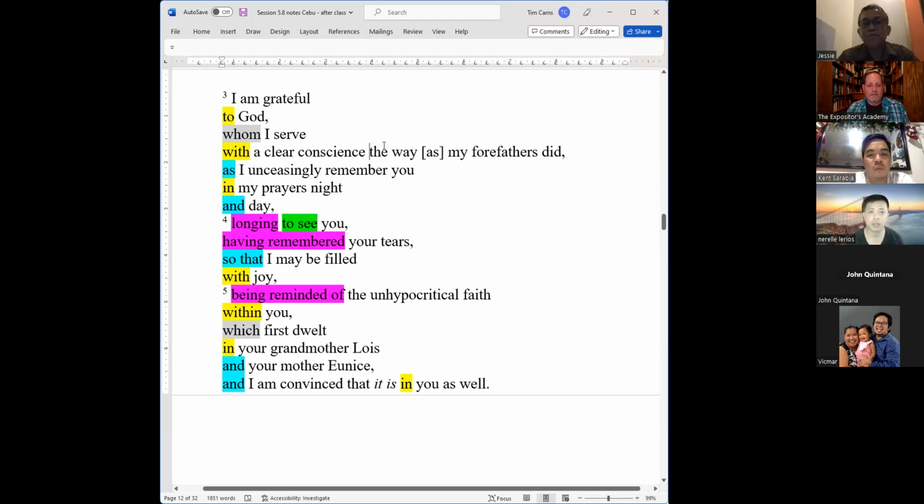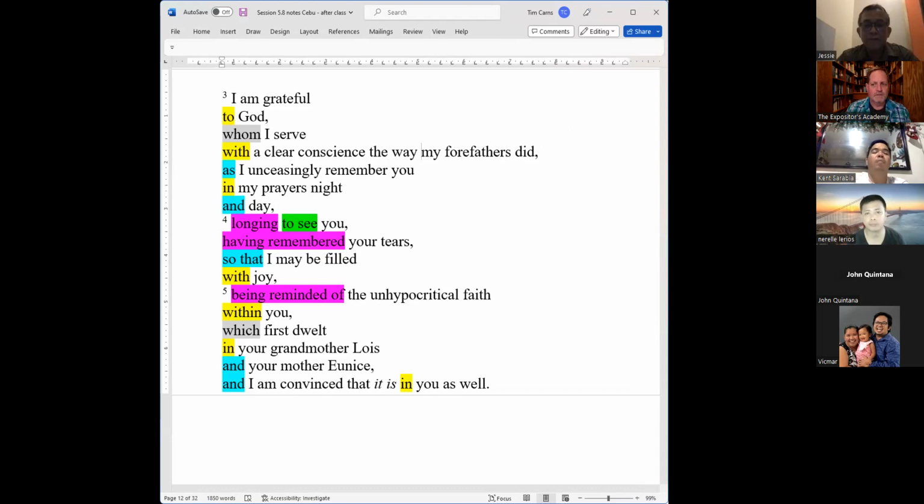Now sometimes something like that may slip by and you don't notice it. But you would notice it if you compared this verse 3 to other translations. You would have seen them have it a little bit different. They would have had the word as, or it should just look kind of funny: with a clear conscience, the way my forefathers did. That seems like two statements being made, right?